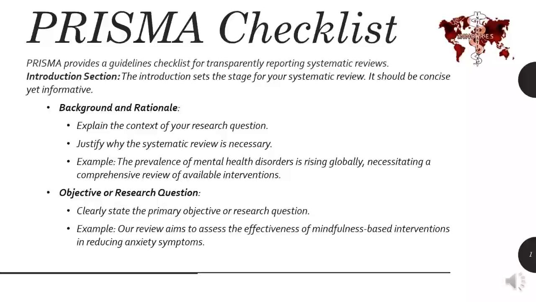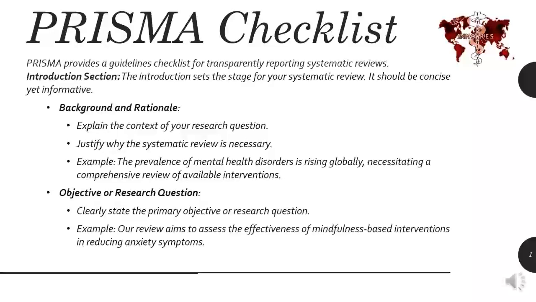So once you have a solid understanding of the Prisma 27 item checklist, you should be able to figure out the 2020 abstract checklist as well. You can consult the literature for access to the Prisma 2020 abstract checklist.